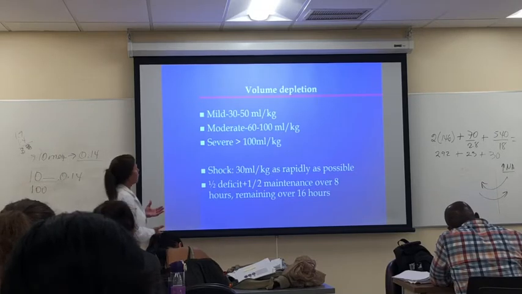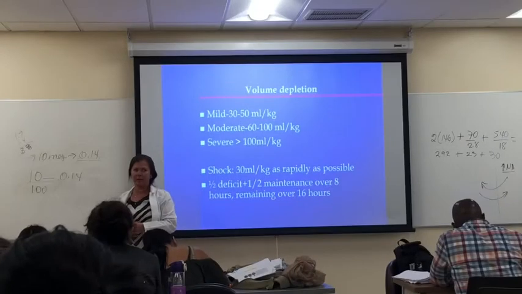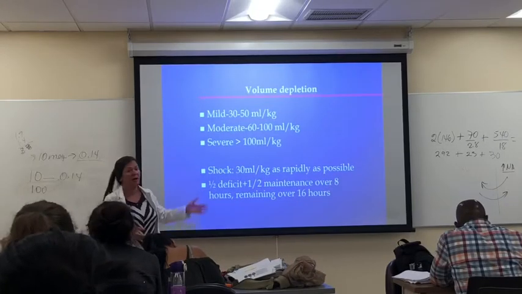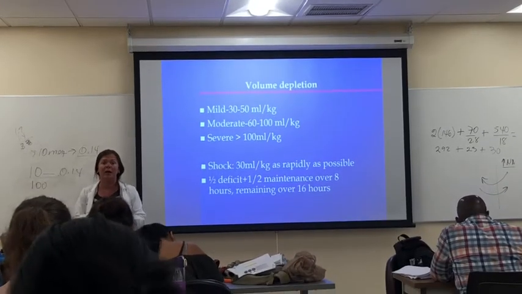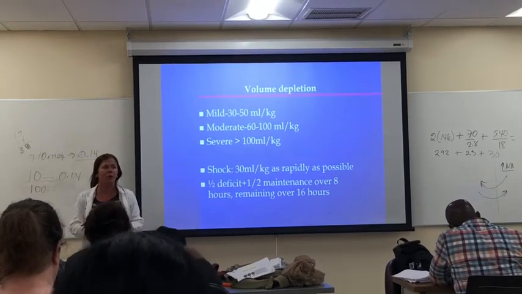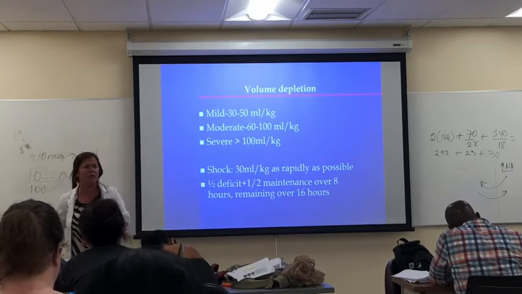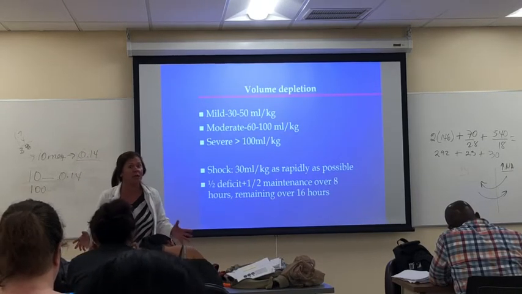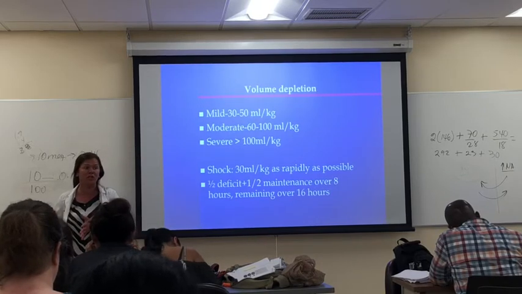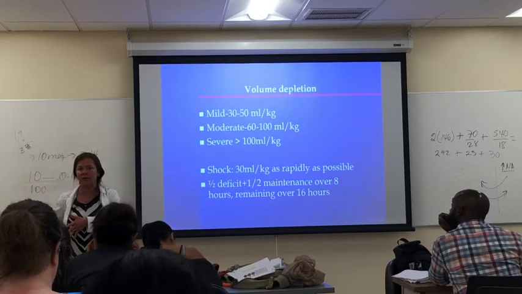And that's categorized as losing 30 to 50 mLs per kilo. If the patient has bleeding, maybe a hematemesis that stopped, or was vomiting, or has C. diff, yes, they're dehydrated, but not into shock. So think of advanced stages of dehydration as moderate, but not to the point of shock.